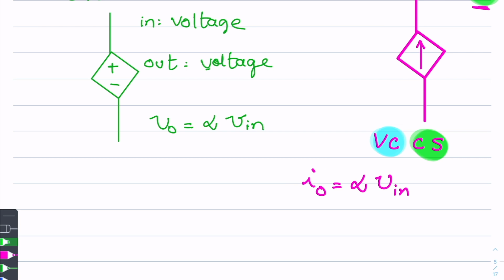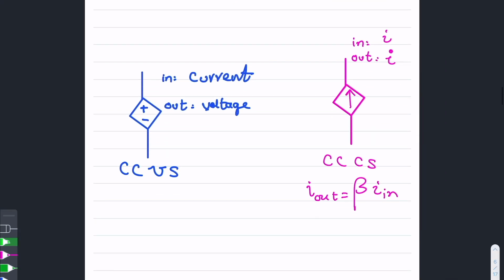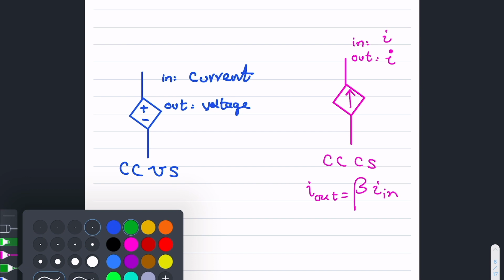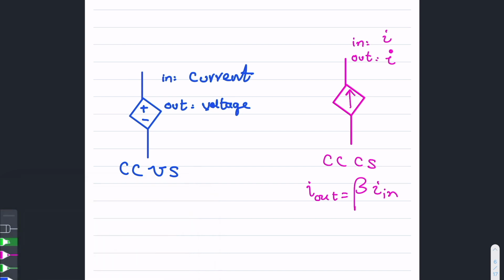Now this is actually beta, or this is actually mu, or the voltage gain. And then the output relationship here is such that V source or V output is some gain times Ix. Now you have the gain parameters for each of these dependent sources.